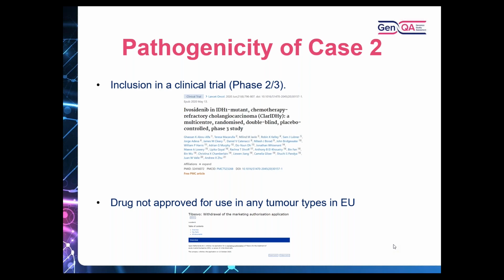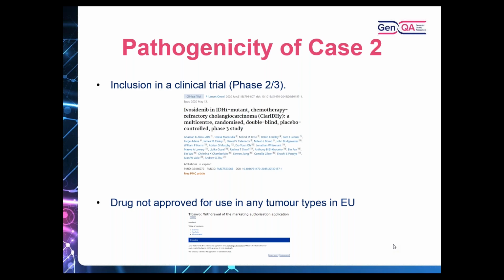So tiering is very dependent on local national guidelines. For example, in the US, for this particular variant and for cholangiocarcinoma, the NCCN guidelines do suggest use of an IDH1 inhibitor, but the inhibitor is not formally approved by the FDA. It's only approved in the setting of AML.